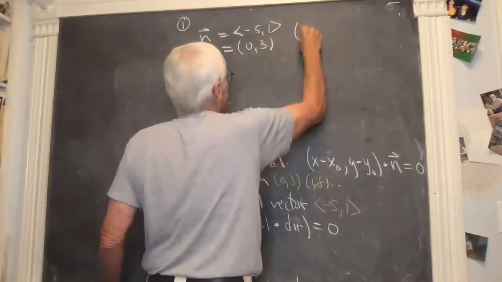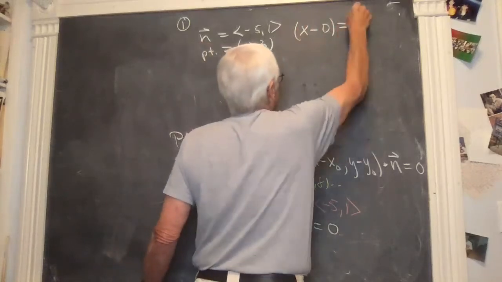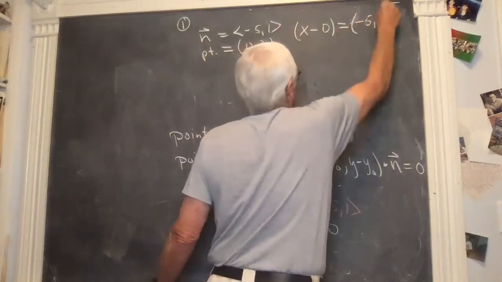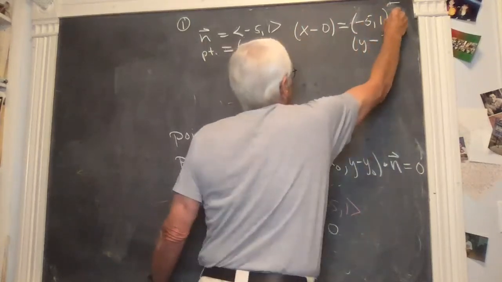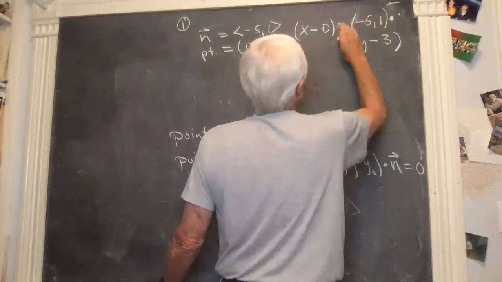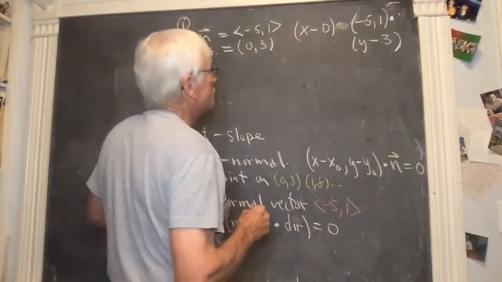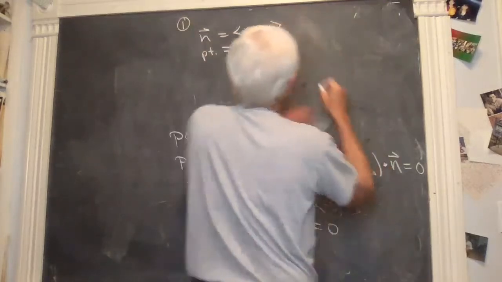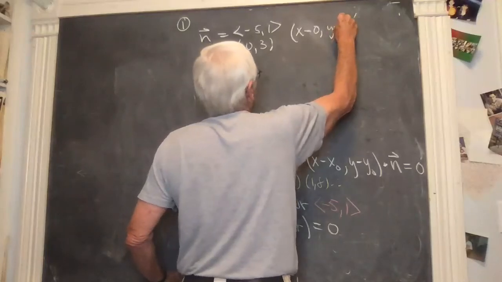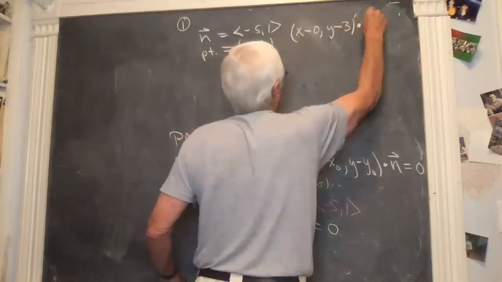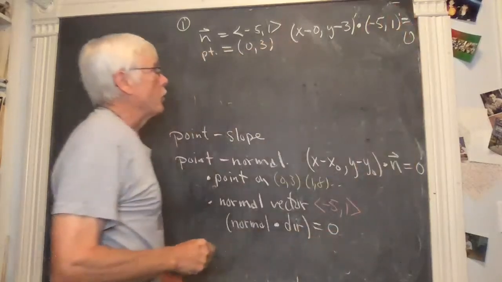Then the equation is x minus x naught, y minus y naught, dot n, -5, 1, equals 0. This is a dot product. So there we go.